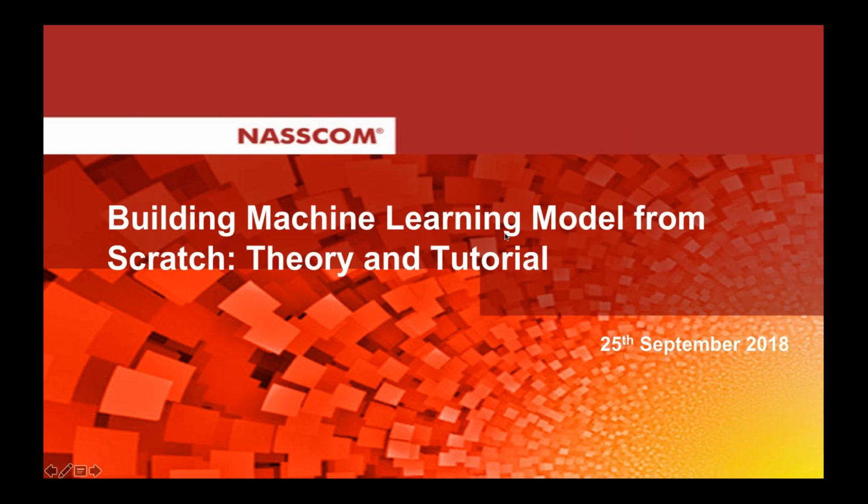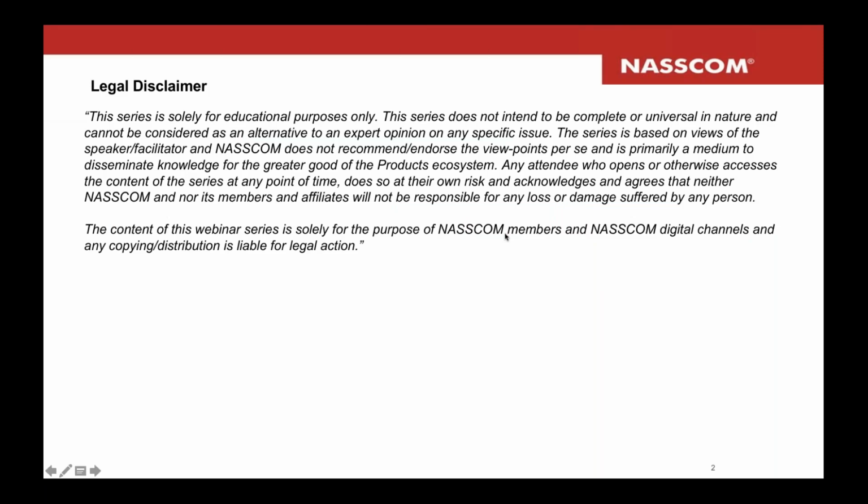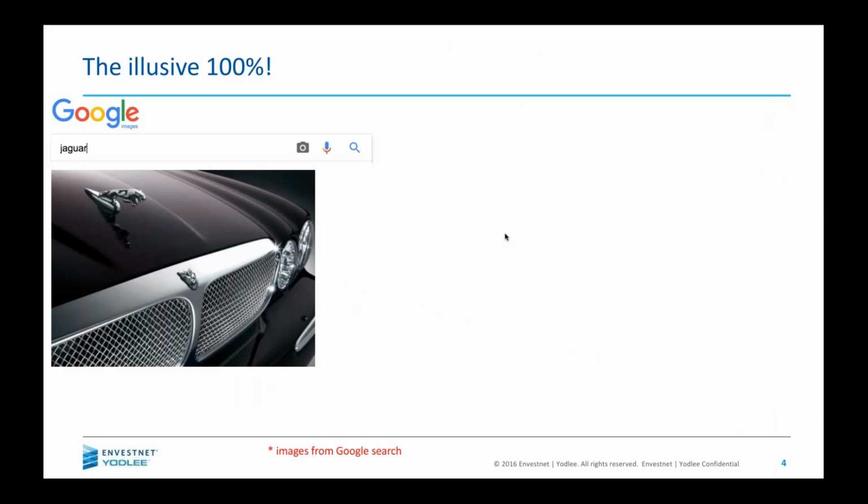Okay, so what I wanted to do was, before we get into the details of what it means to build a machine learning solution or an end-to-end product, address one issue which we as machine learning professionals see all the time in our field, which is 100% accuracy.